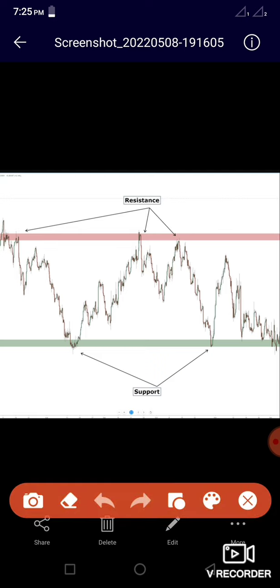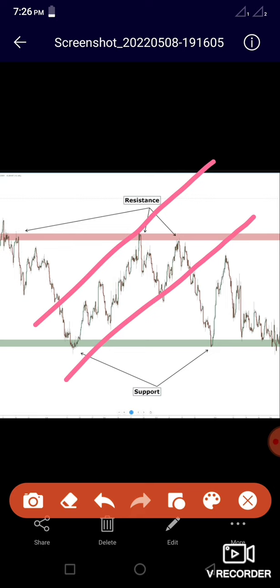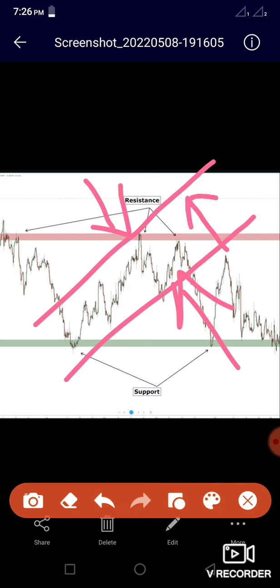like this. We can have our resistance here and our support here, and other people can refer to the same line as resistance and support at the same time. It can resist the buy here and can support the sell, and here this line can resist further sell and support buy.